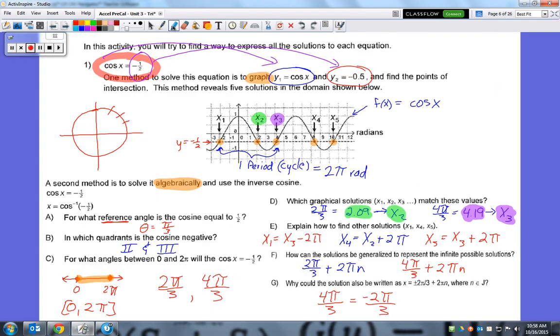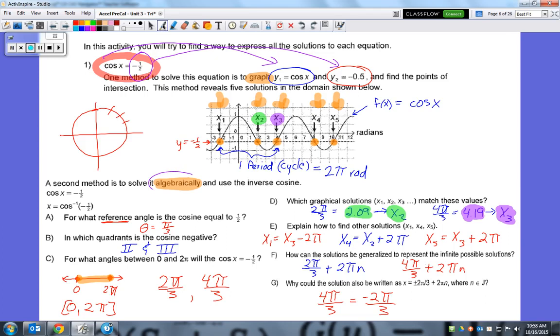Well, when they equal each other, I've highlighted for you already here in orange at x1, x2, x3, x4, and x sub 5. So all these places is where they intersect. Okay, so looking at that, that's one way to do it. And if it asks me to find out all the answers, I could list them, but it would take kind of forever for me to do that.